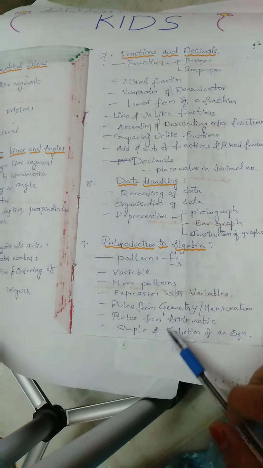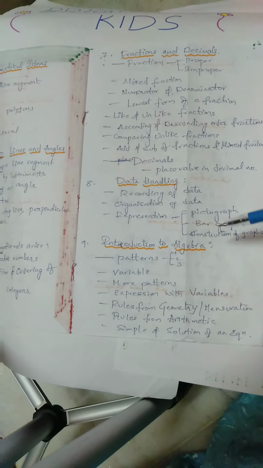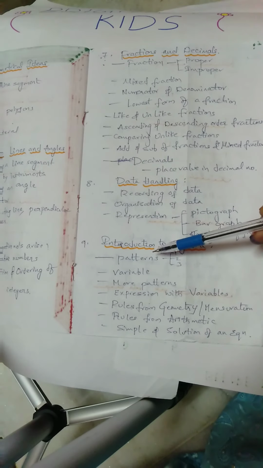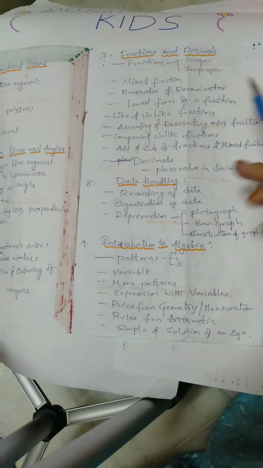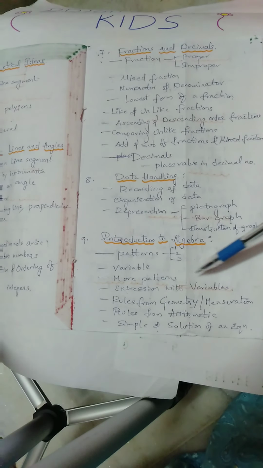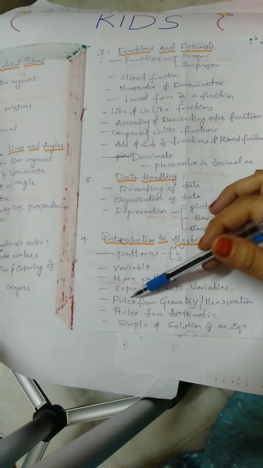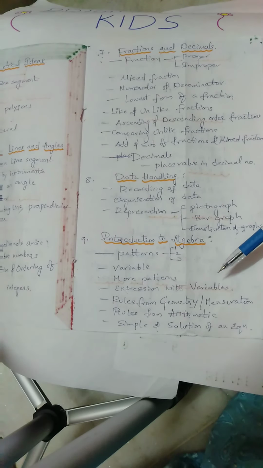Okay, next going to our chapter, introduction to algebra. In this we have to introduce algebra. In this algebra we have patterns, pattern 1, pattern 2, pattern 3, like shapes, one shape and two shapes, like this. And the next unit is variables. We have more patterns also, and expression with variables. And in this algebra we have to know the rules from geometry on mensuration and rules from arithmetic also.